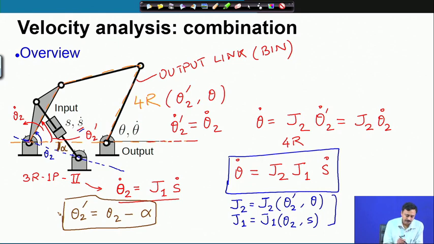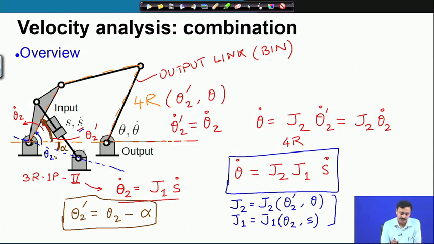Theta 2 prime, which is this angle, and theta 2, which is this blue angle, they are related as theta 2 prime is equal to theta 2 minus this fixed angle alpha.